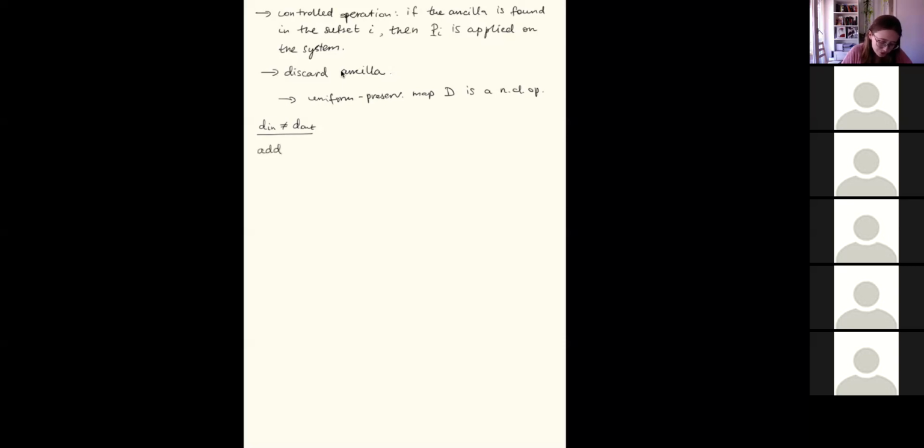That's exactly what we do. So we add ancillas with dimensions d1 and d2 such that they just complement the dimensions of the input state and the output state.